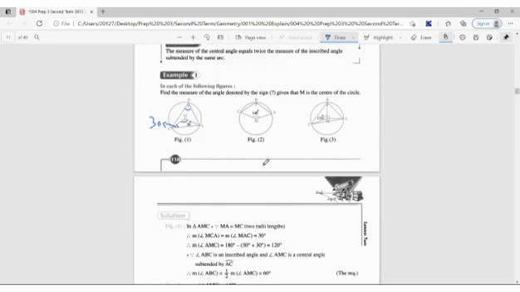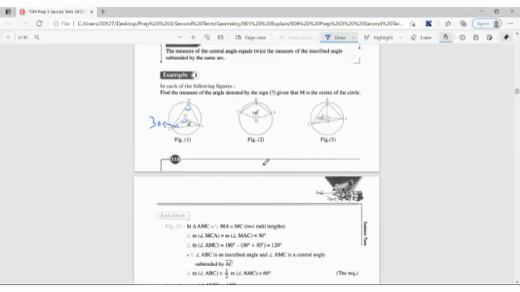As we studied before, the sum of the measures of the interior angles of a triangle equals what? Equals 180. The sum of the three angles of any triangle must be 180 degrees. So now I have the measure of two angles. Can I find the third angle?